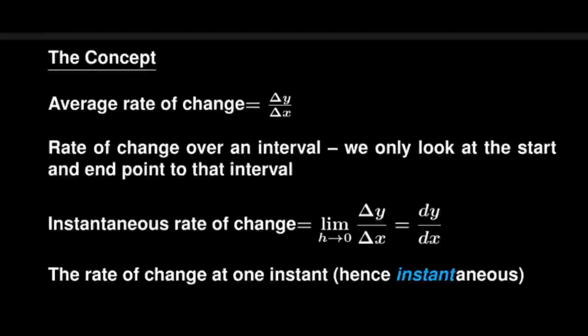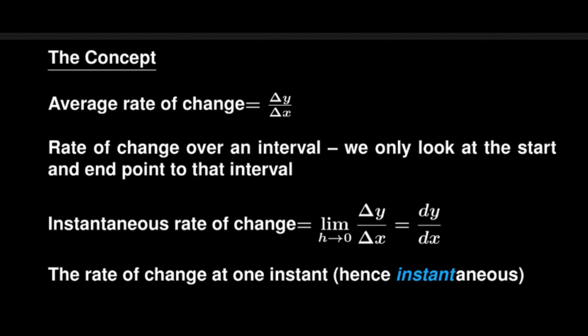So here's just a bit more on it. Here's the symbol that we normally use for average rate of change, which is the same as slope. Same exact thing. So rate of change over an interval, we look at the start and the end, see what happens. Instantaneous is, what if we took the limit as h approaches 0?